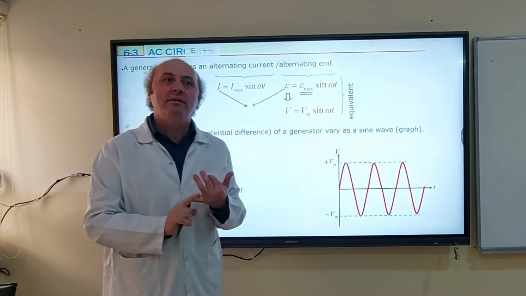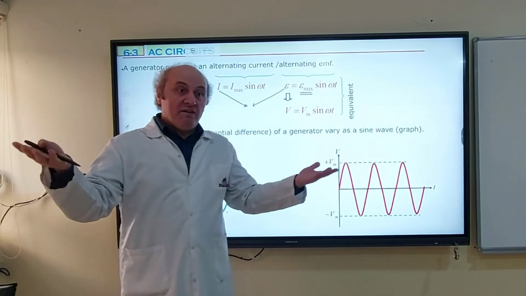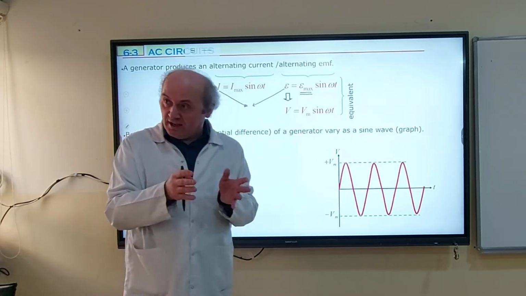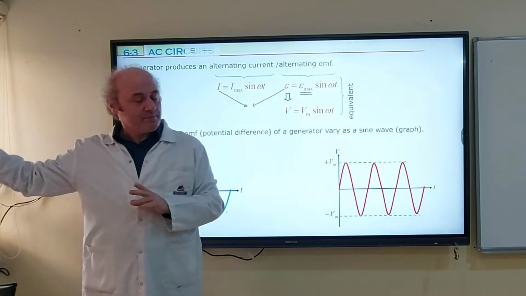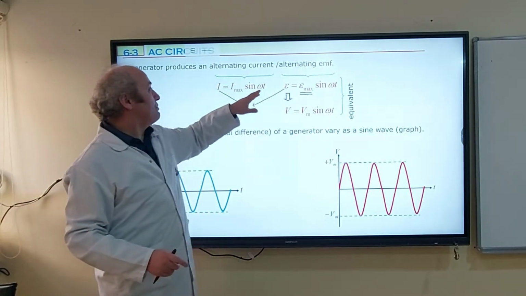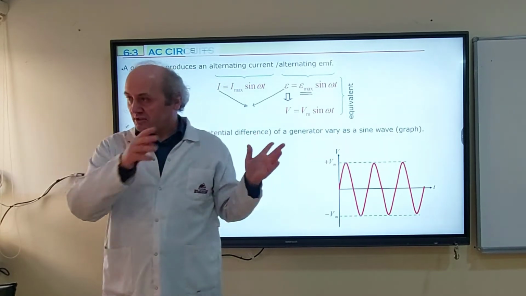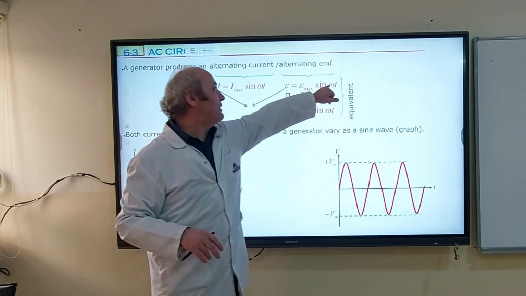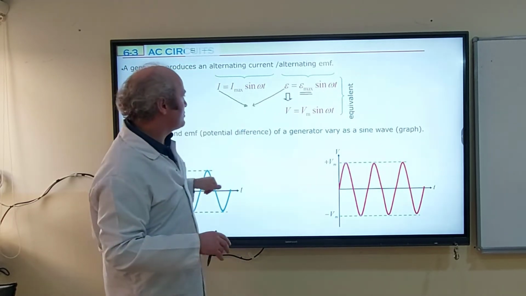Remember, omega is 2 pi f. f is 50 in Asia, Europe, and Africa, and it's constant. That's why E max is constant for a generator. And I max is going to change depending on the outside resistance. I will talk about it later. But E max is constant, omega is constant, but E is changing as time goes, the instantaneous value.